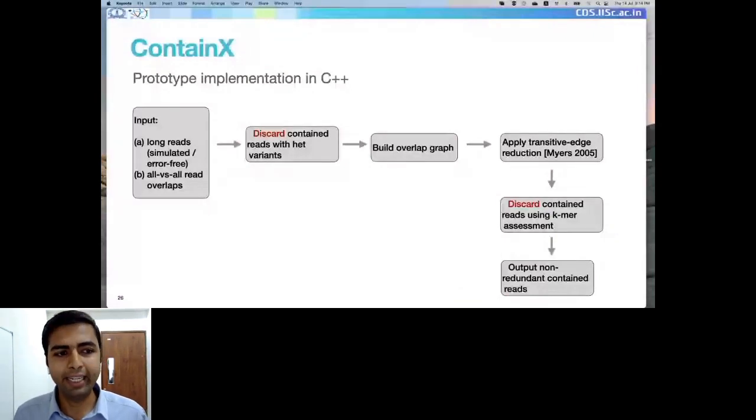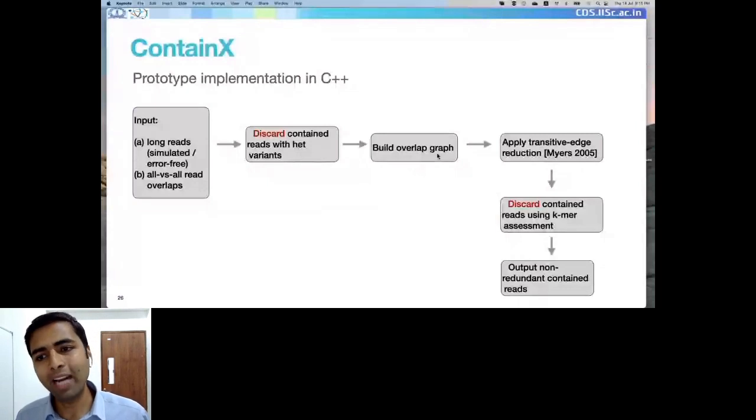Using these heuristics, we implemented a prototype. It takes long reads as input and all versus all read overlaps. At the first step, we discard the contained reads which have heterozygous variants.